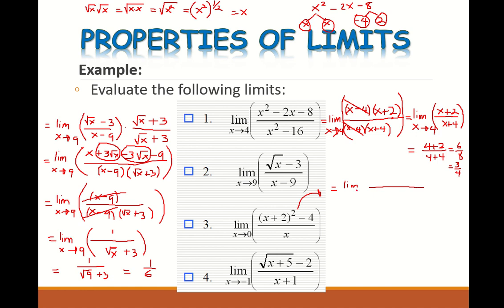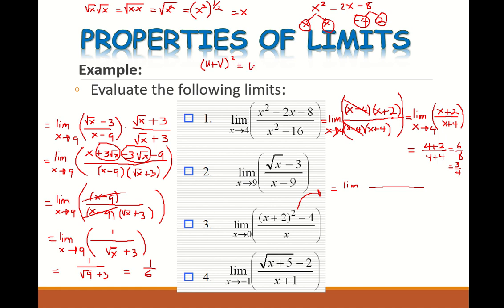So how to expand the numerator? I don't know if you can still remember this from algebra. If you have u plus v squared, this is equivalent to the binomial expansion.